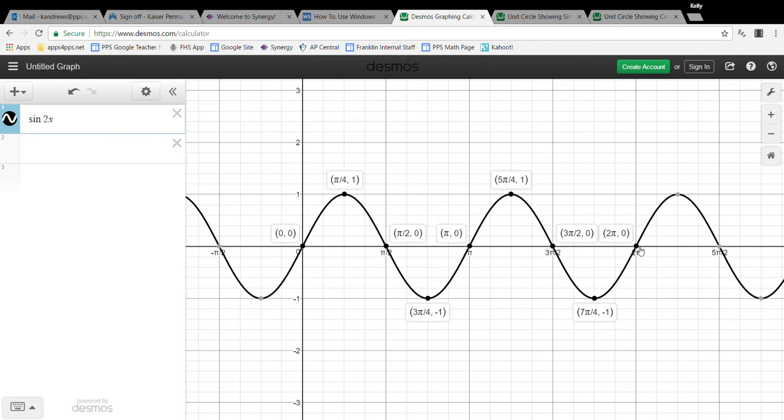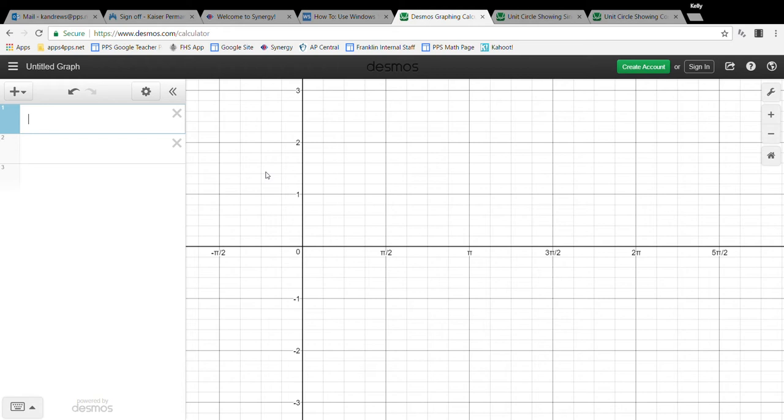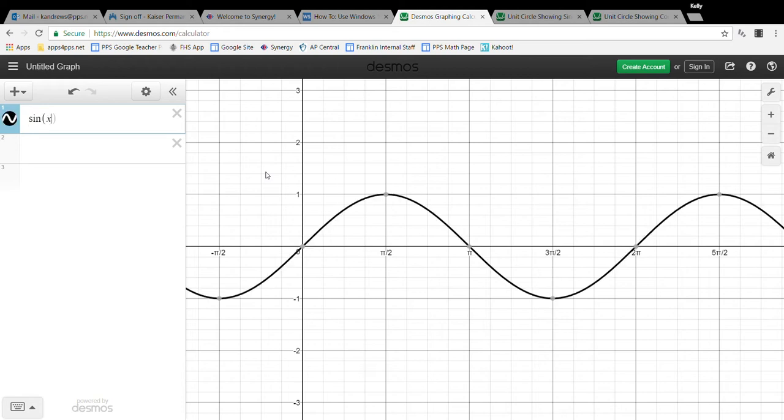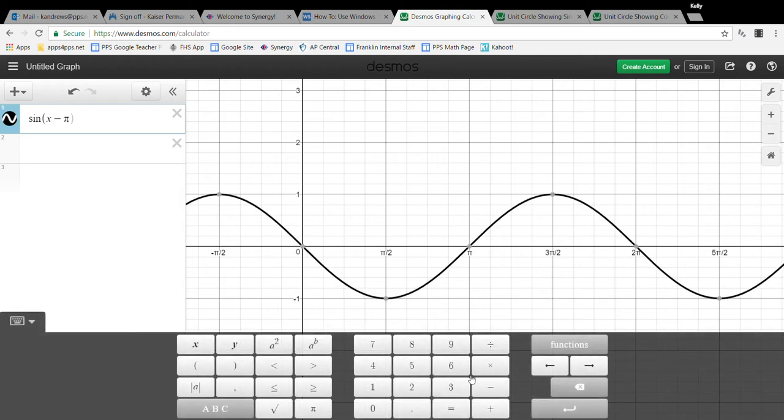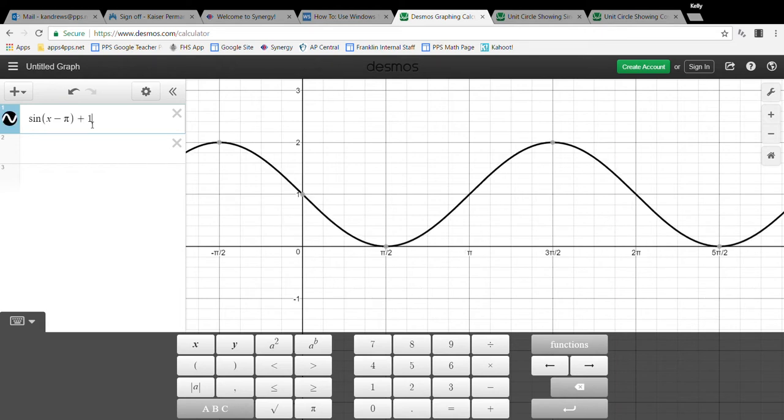So if I start making multiple transformations, so sine x minus pi, and then close my parentheses, plus 1.